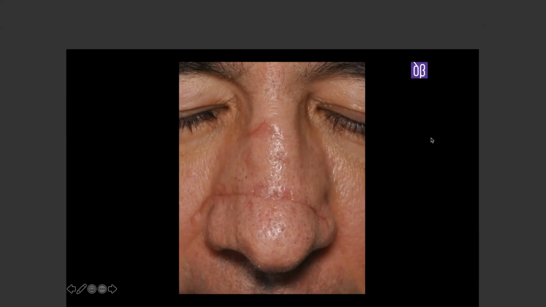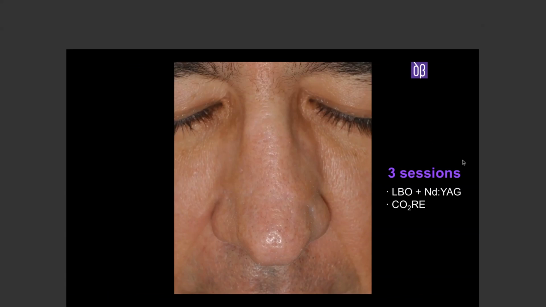So this is just the before and after sample. This is a scar of 2 months evolution in the nose of a man, and this is after 3 sessions using LBO laser, which is 532 nanometers, a short pulse neodymium YAG, and a fractional CO2 laser, all of them in the same session.